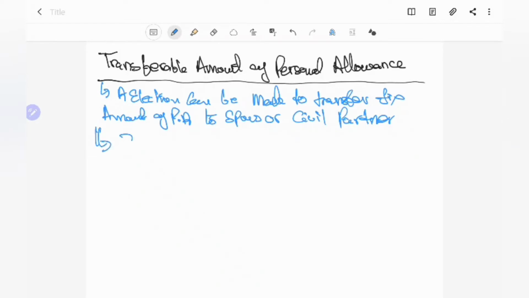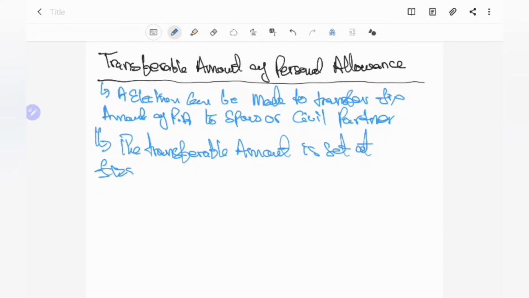The transferable amount is set at £1,250 for 2019-20.